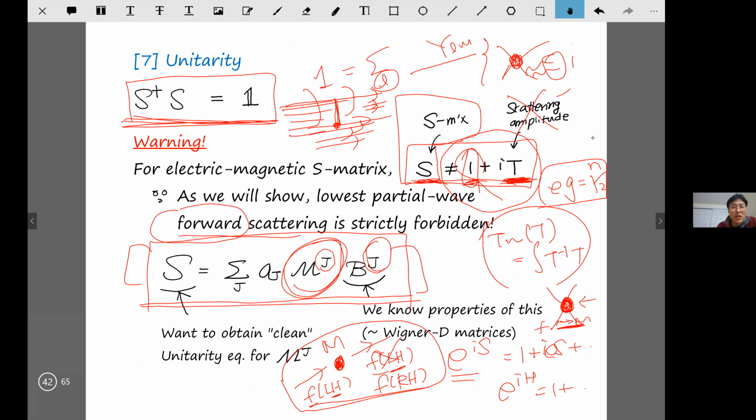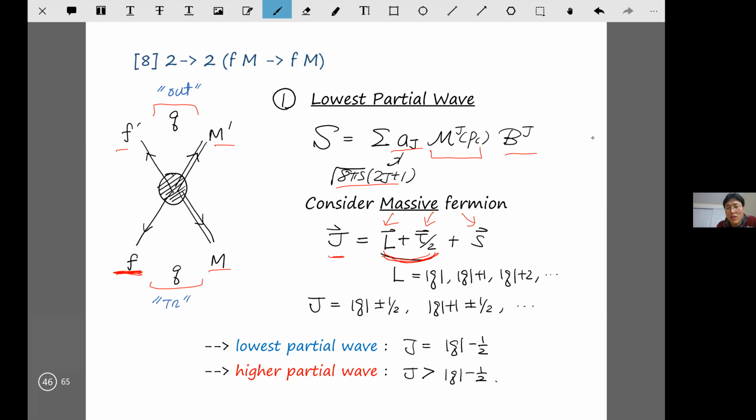A representation theory of this part can be done, and you can show that the quantum number for these two combined is the size of Q, Q plus 1, Q plus 2, etc. So the total angular momentum for the spin half case is either a symmetrization of this L and half or an anti-symmetrization of these two. Therefore, the total angular momentum quantum numbers are Q minus half, Q plus half from this, then Q plus 1 plus or minus half, then Q plus 2 plus or minus half for this, and so forth.